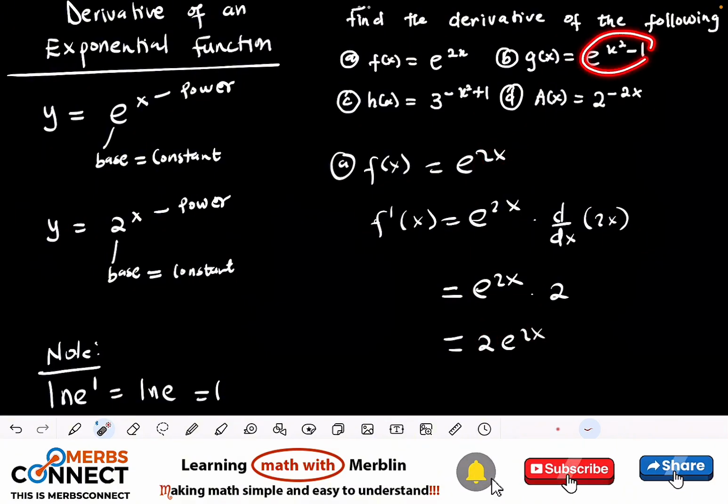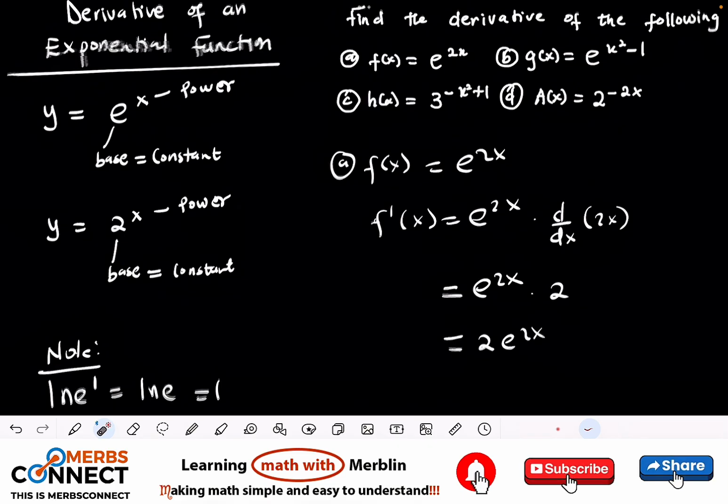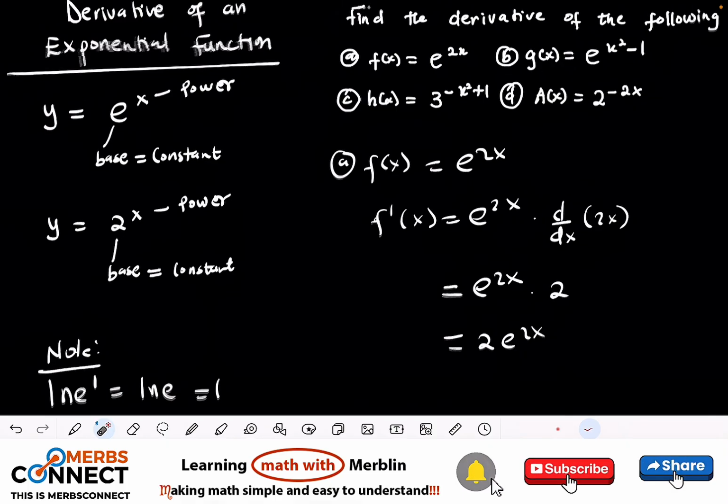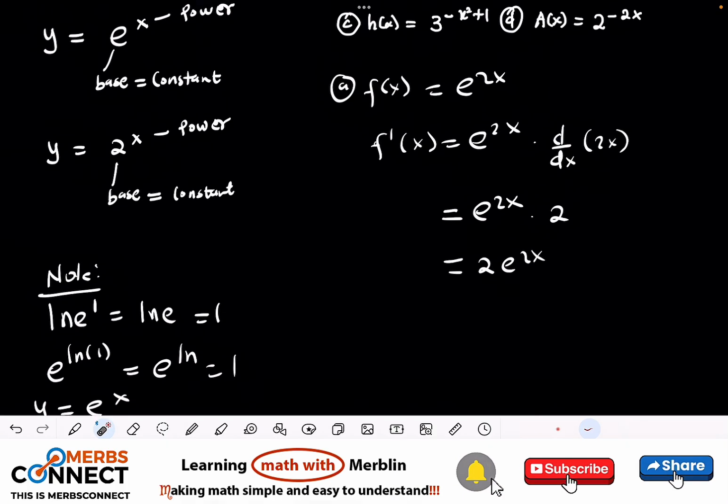Now, when we take the b, you will see that the general idea is maintain the function and differentiate, not picking the coefficient of the x to multiply the whole function, right? So maintain the function, differentiate the power, and then that is the derivative of an exponential function. You saw that here I didn't bother myself to multiply it by ln e, because ln e here is 1, right? And under multiplication, 1 is an identity element, so I don't even need it. So that is what I'm going to get for the first one.